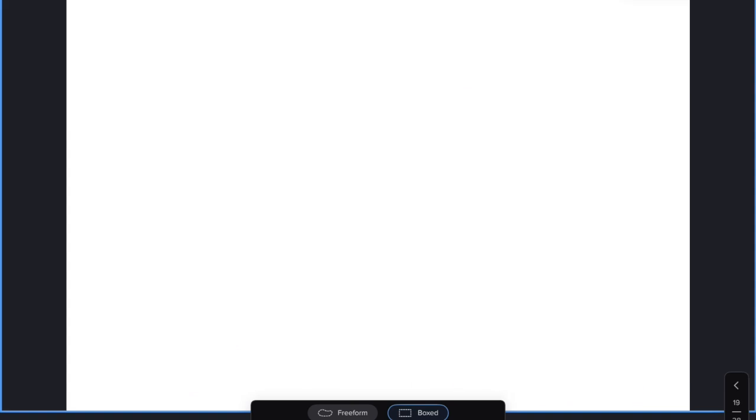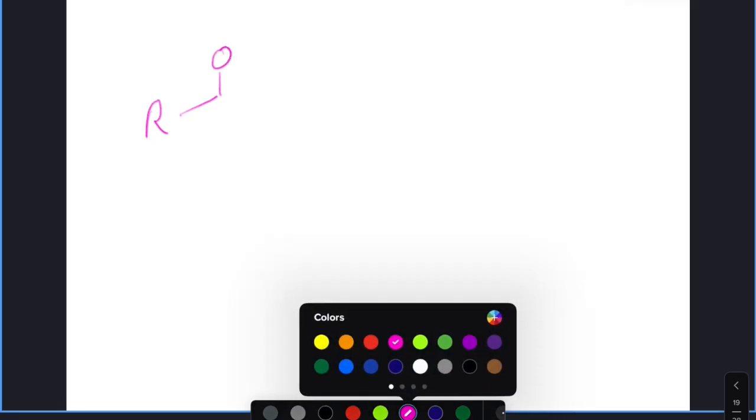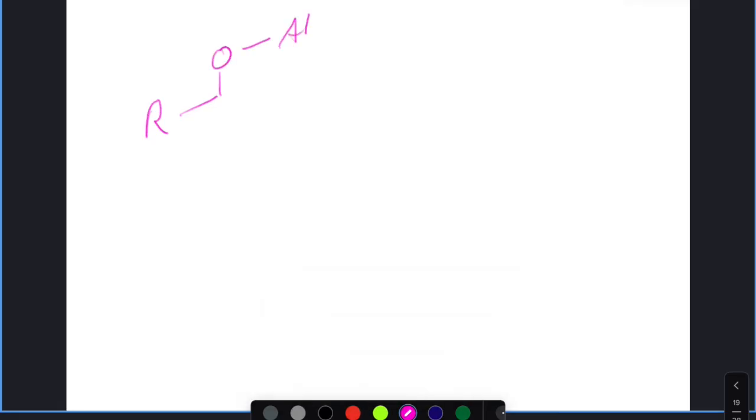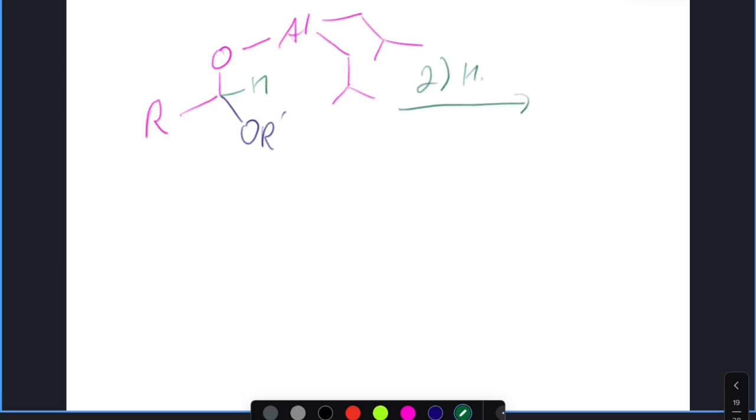We've got our oxygen, aluminum, your two alkyl groups, your OR prime, and you have your H. If in step 2 we now add acid and water, now you've given the aluminum something else to hold on to. You've given it a proton that can now fragment that oxygen-to-aluminum bond.